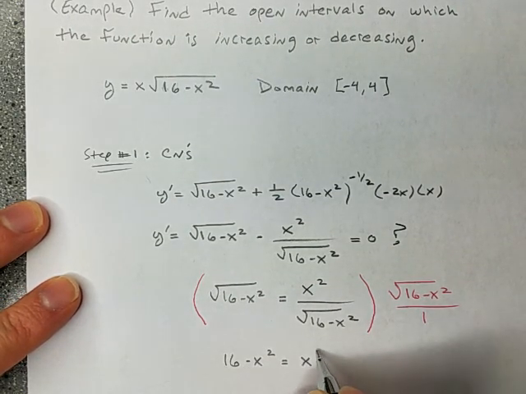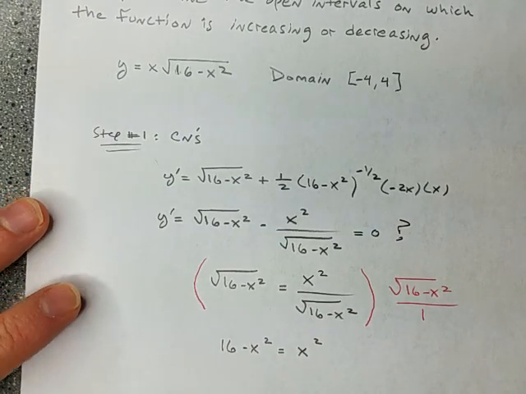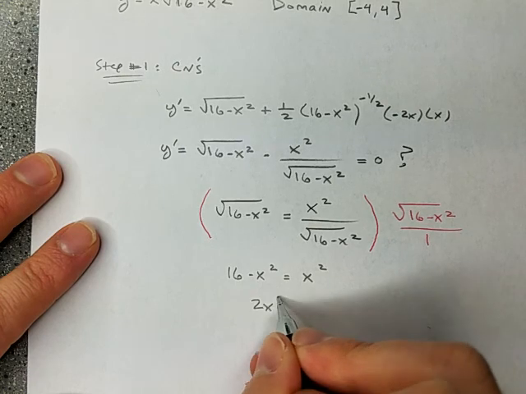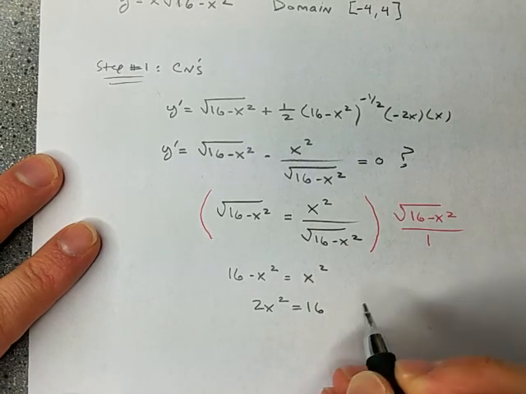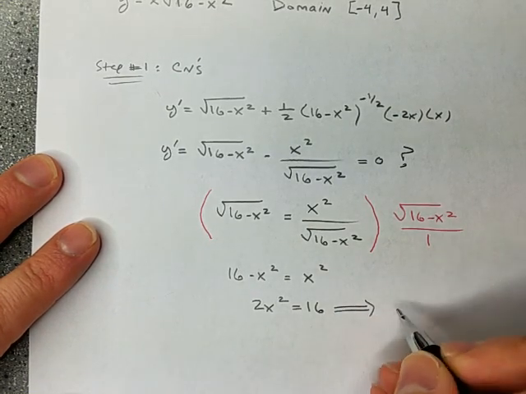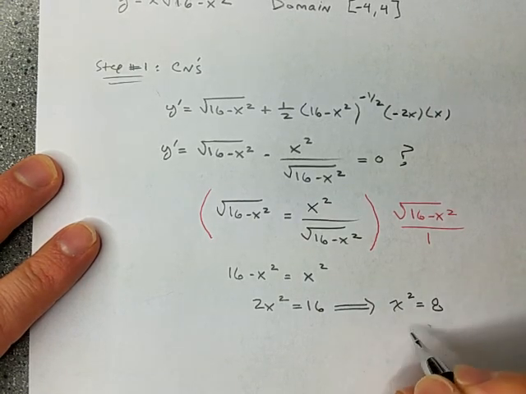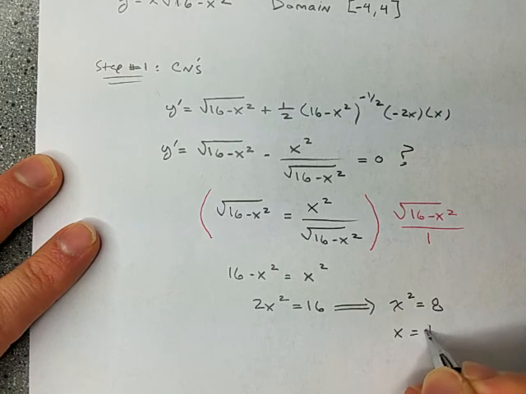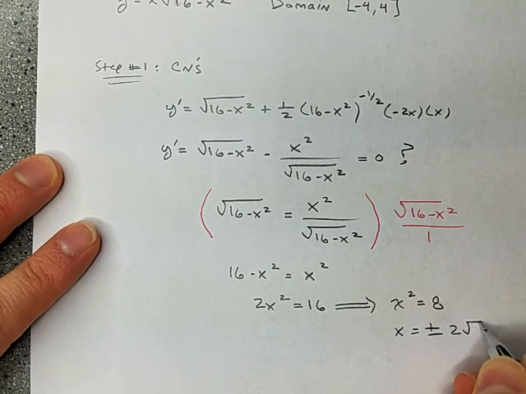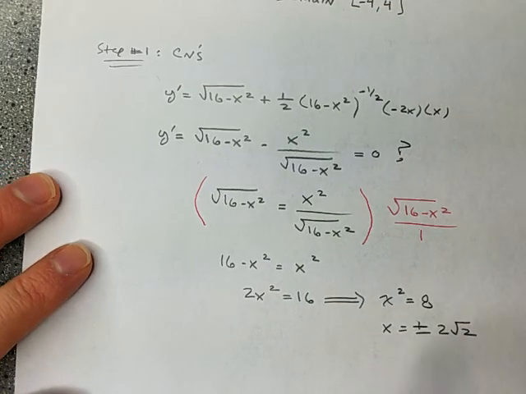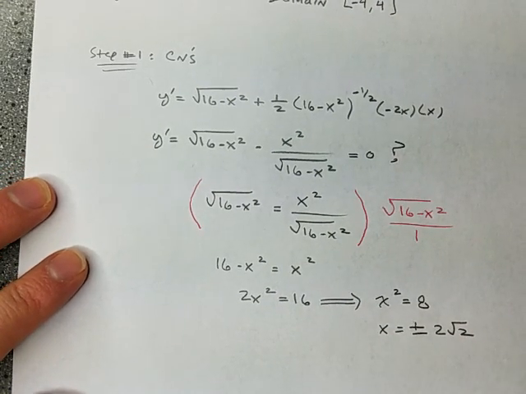And that will leave me this behind. Okay, rearrange a little bit. 2x squared is 16. x squared is 8. So x is either plus or minus 2 root 2. Okay. All right. So I got 2 critical numbers.